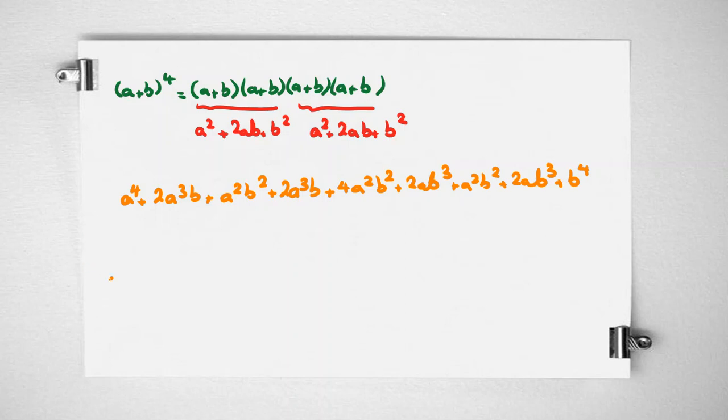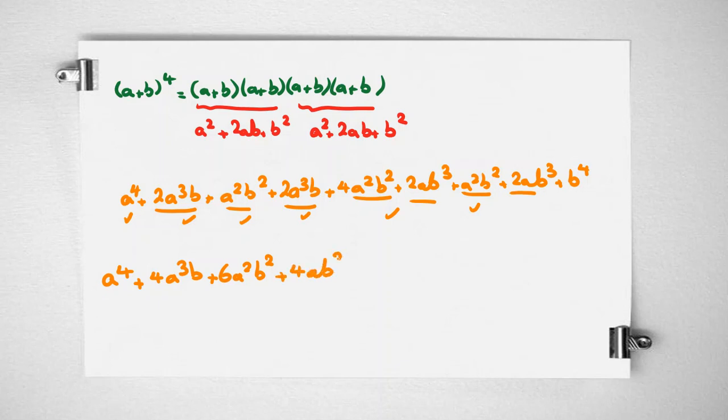Now, A to the 4, A cubed B here, 2A cubed B here, 4A cubed B. Then for A squared B squared, 6A squared B squared. Now 2AB cubed plus 2AB cubed is 4AB cubed, plus B to the 4.